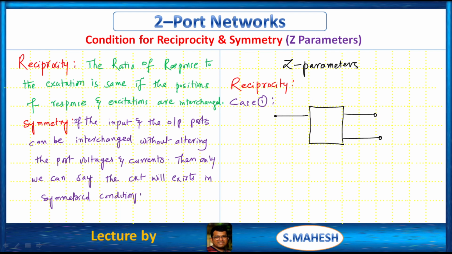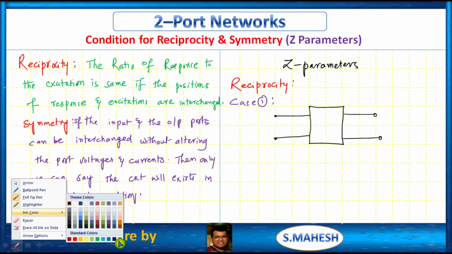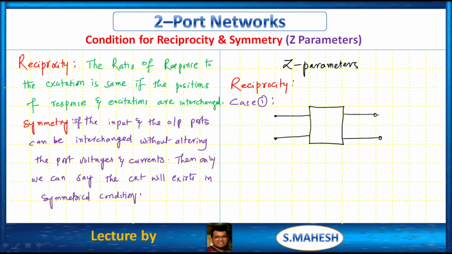Input port, output port. The output port should be short circuited. In between input port we have voltage, we have a current, but here what we have, the current is what? Now we can consider the current direction as minus I2. The actual direction is I2.